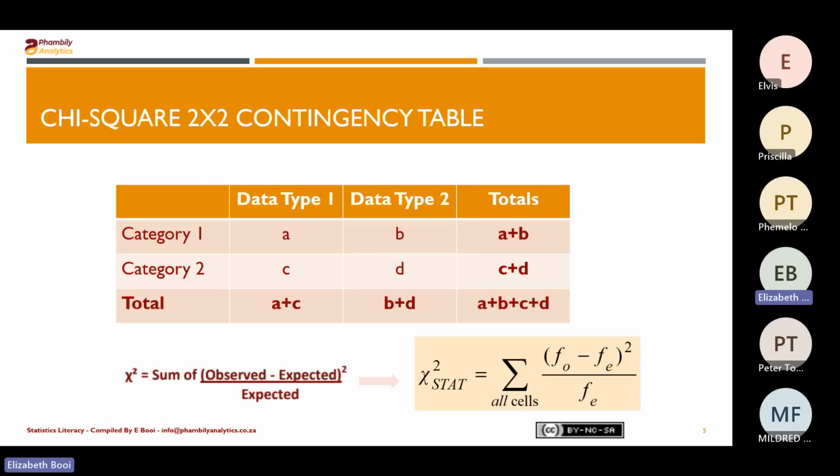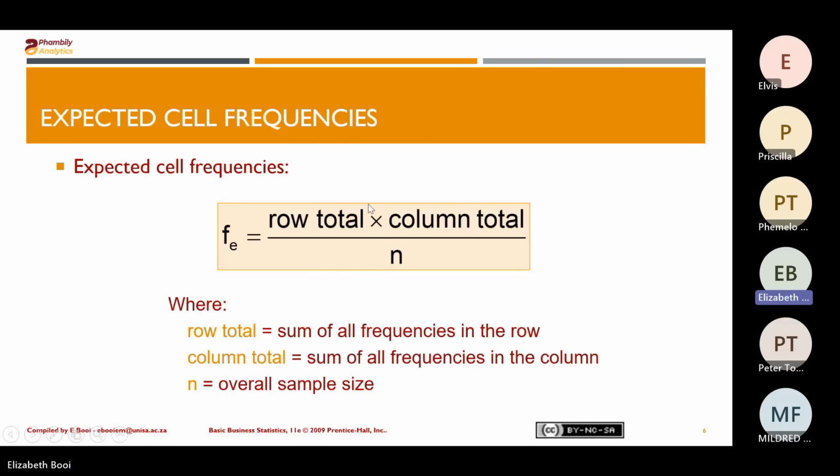What do I mean by that? Let's assume that we are on this table. If I want to calculate the expected value for A, then the expected value for this observed value A will be the row total, which is A plus B, times the column total, which will be A plus C, divided by A plus B plus C plus D, which is the grand total N. And that is what the expected value will be.